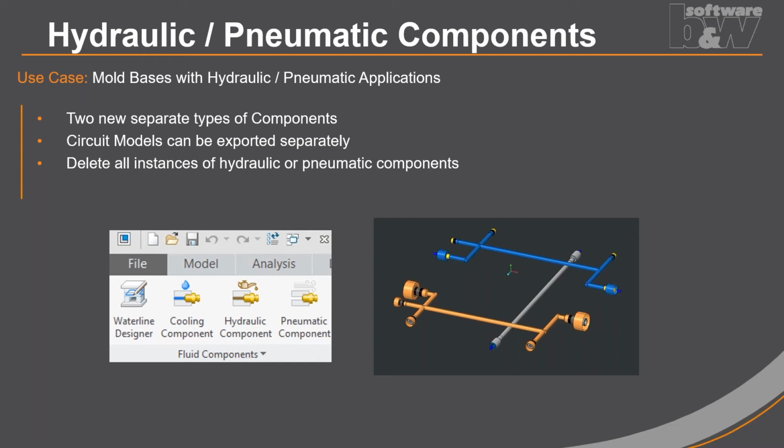And that's quite nice because then you can also create a circuit model which only has the hydraulic circuits in there. I think I will show you this functionality in a quick demonstration.